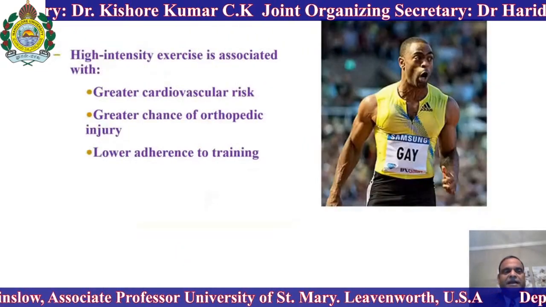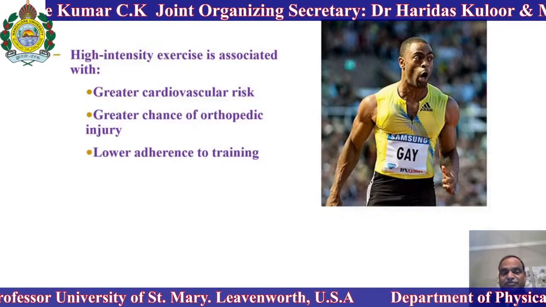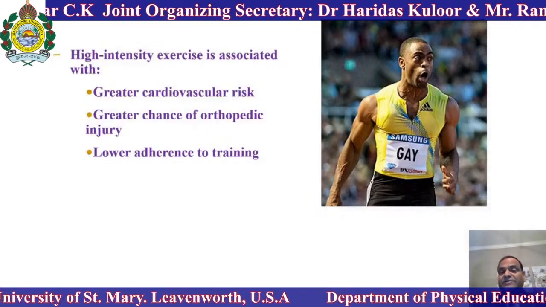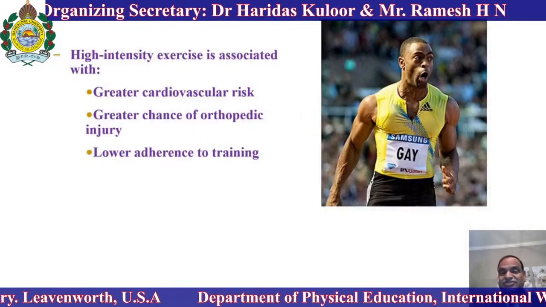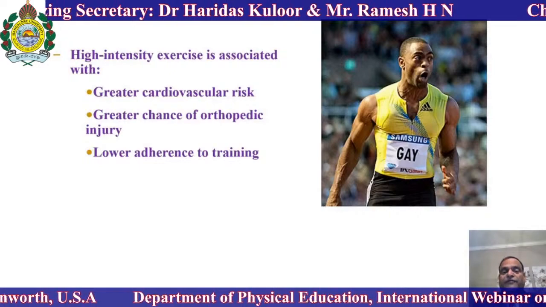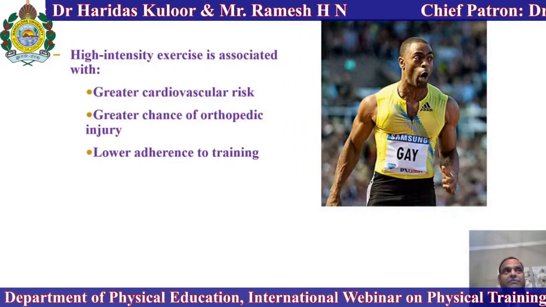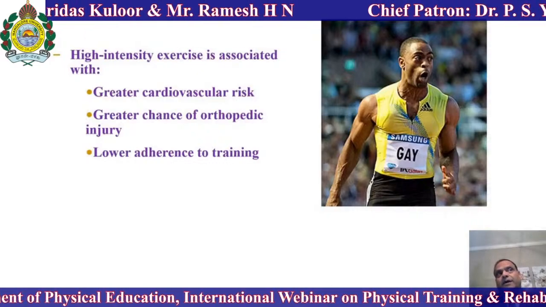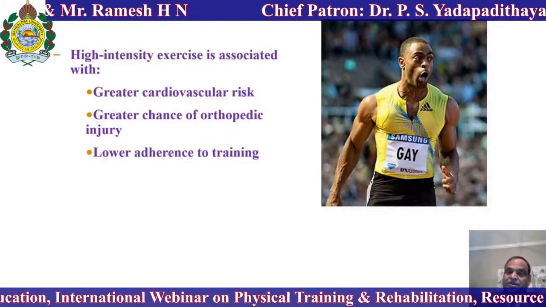This anaerobic glycolysis is involved with high intensity exercise associated with greater cardiovascular risk, greater chance of orthopedic injury, and lower adherence to training. For example, a sprinter has both the ATP-PC as well as the anaerobic glycolysis well developed.